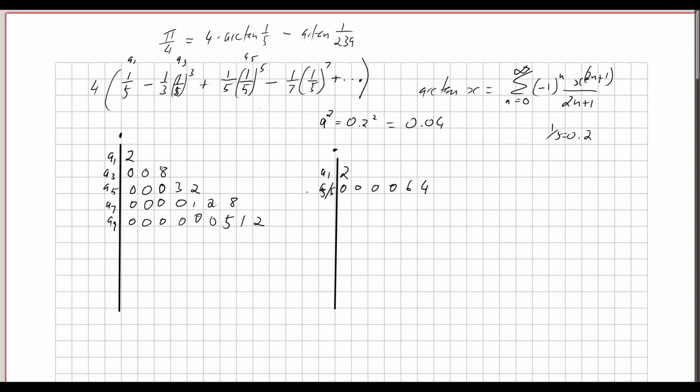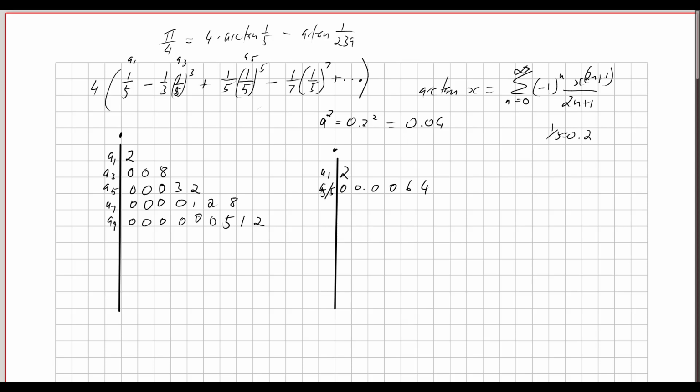Now, we could compute the other terms, but let's say we want to compute pi to 5 digits. This will be enough terms, because this formula converges quite fast compared to, say, the Nilakantha-Gregory-Leibniz series of pi over 4.